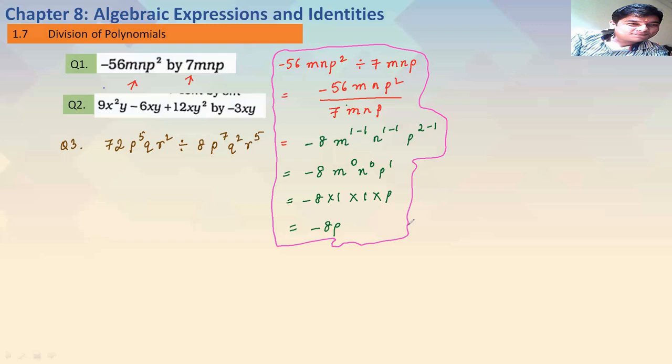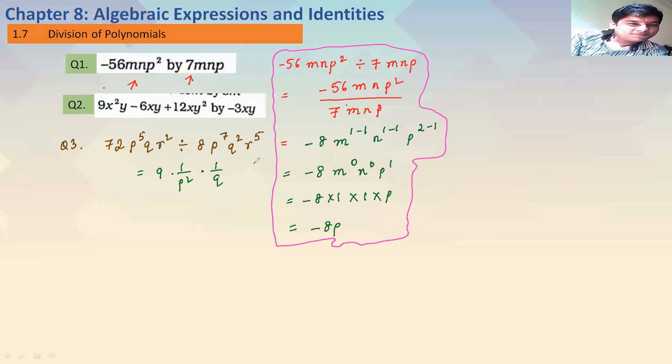It shouldn't take much time. Yes, sir. What did you get for an answer? I got negative numbers. So 1 by p square, 1 by q, 1 by r cubed.